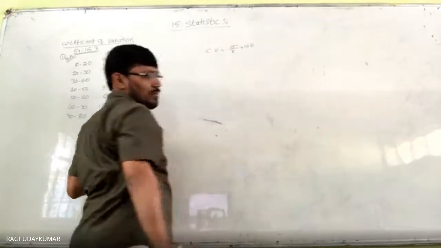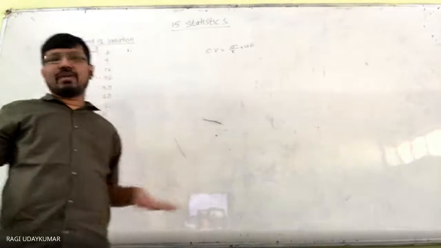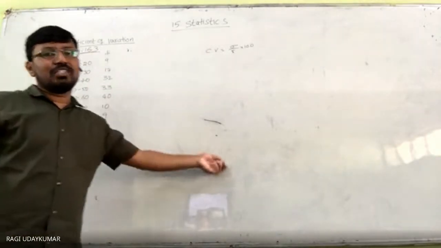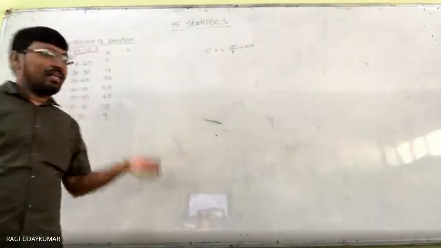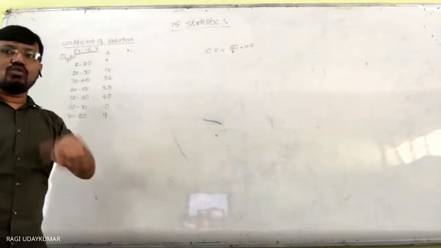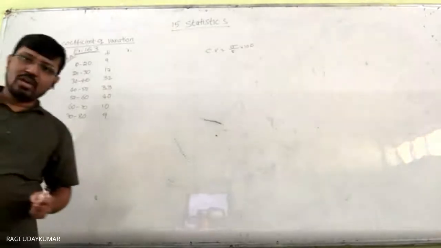If the means are equal, the data with more standard deviation is more variable. We need to find the mean, standard deviation and CV for this data, and for the second data, group B frequencies, you need to find the coefficient of variation there also.